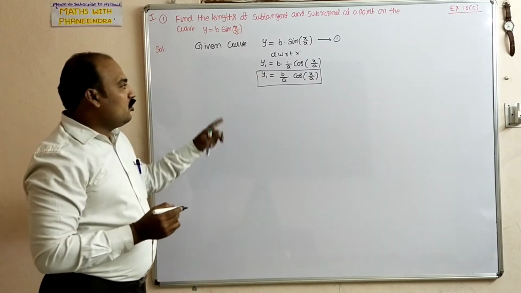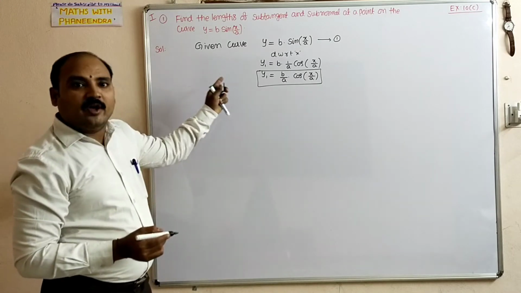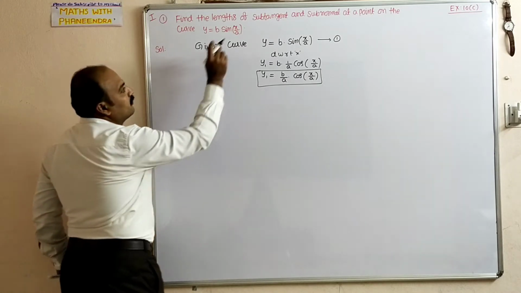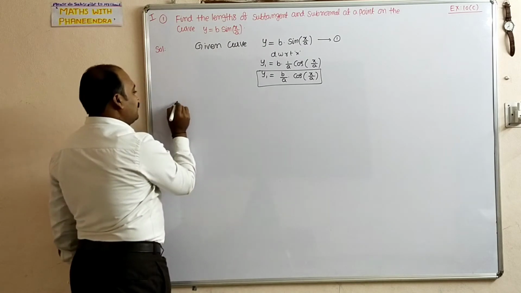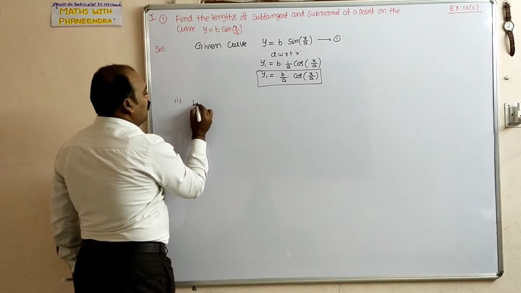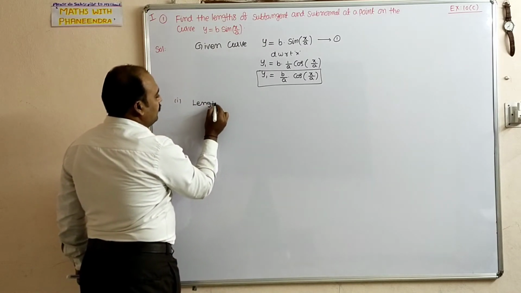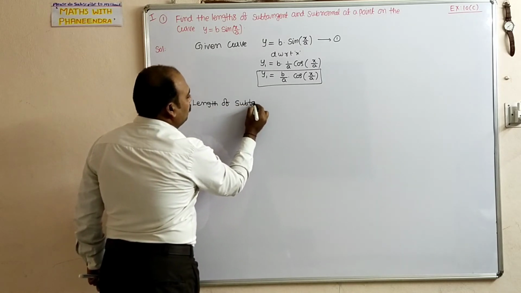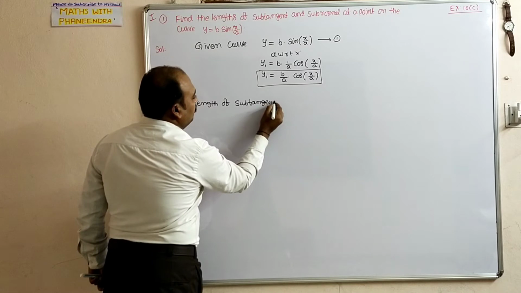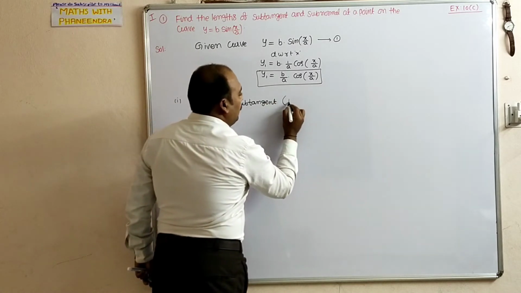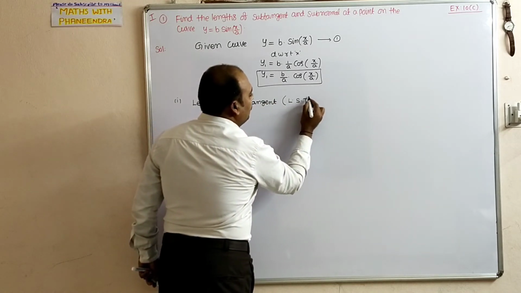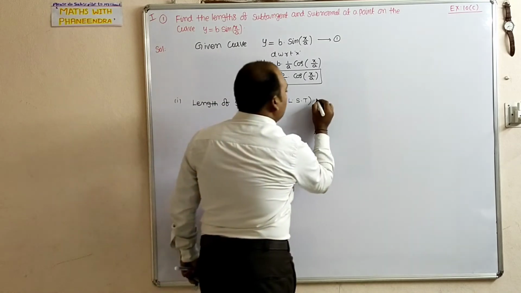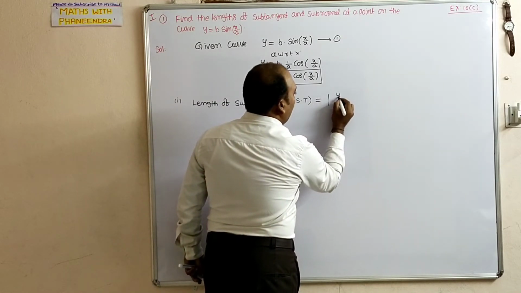After getting the value of y1, we already have the y value. So the first one is length of subtangent, LST, which is equal to mod y by y1.